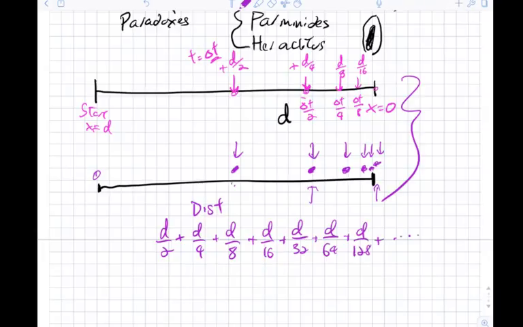An infinite number. How are you going to sum up these infinite things? And yet we know all these things add up to d, right?